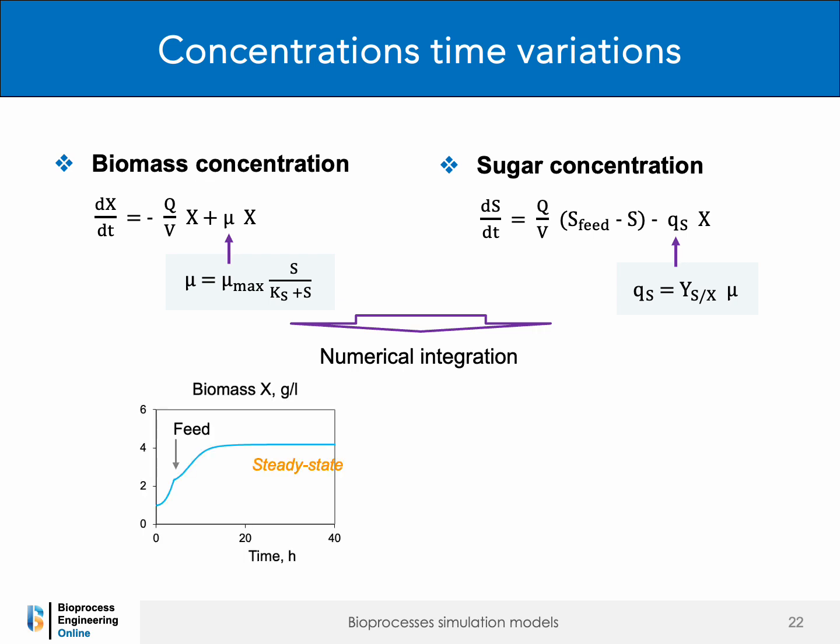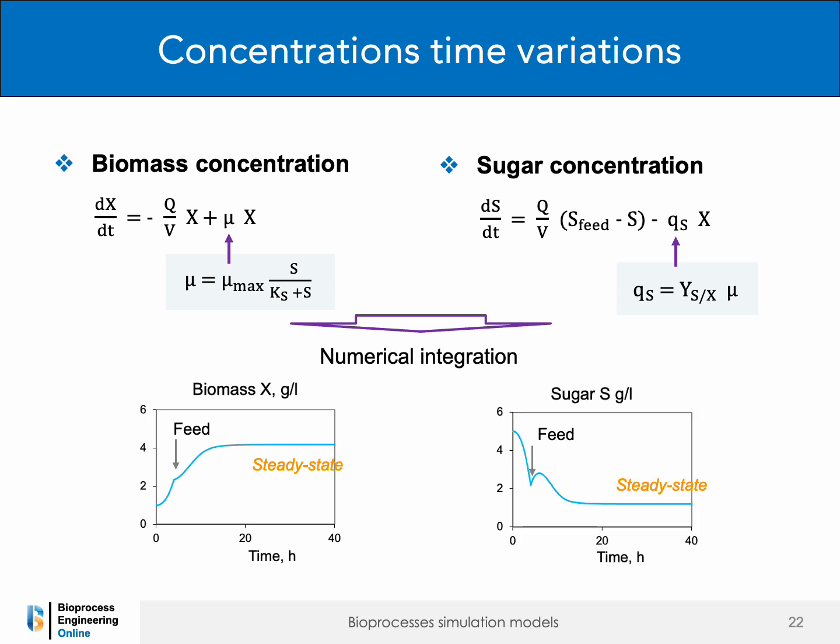Under a constant volumetric flow rate, Q over V, the bacteria concentration exhibits a progressive increase during the initial batch phase. Subsequent to the introduction of medium feed, this concentration experiences further augmentation before ultimately reaching a steady state. Concomitantly, the sugar concentration exhibits a decline during the initial batch. In the continuous operation, this decrease continues, ultimately stabilizing at a steady-state value.